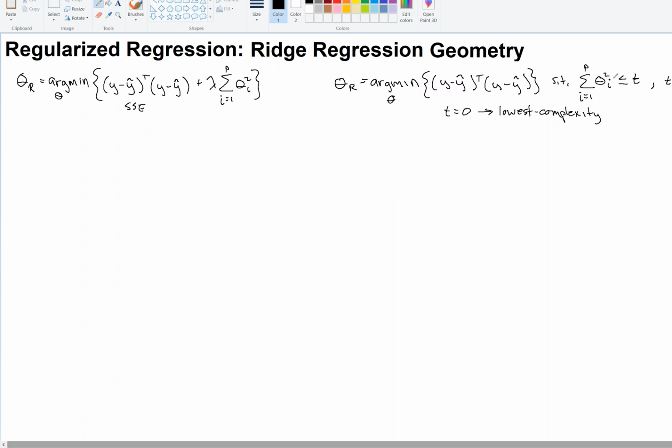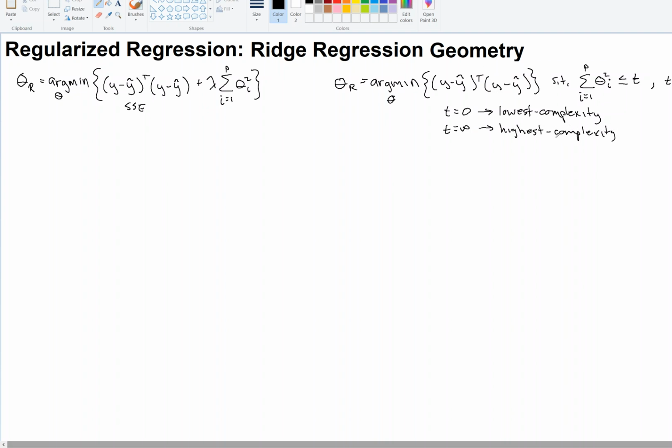If t goes to infinity, then there's no constraint on theta. So this is the highest complexity model, and that's just minimizing the sum squared error.